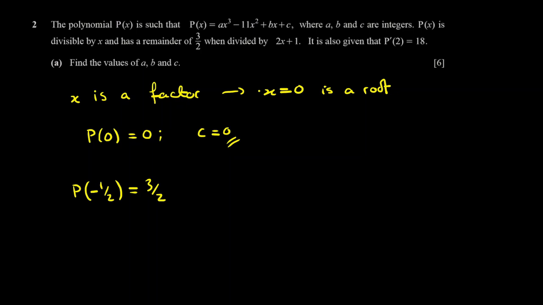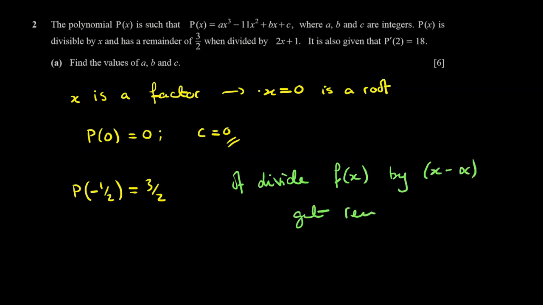Remainder theorem basically states that if you divide the polynomial, let's say f of x, by x minus alpha, and you get a remainder of r, let's call it big R, then that means that if I was to substitute alpha into the polynomial, I will get that remainder r, right? So that's kind of the remainder theorem in short.